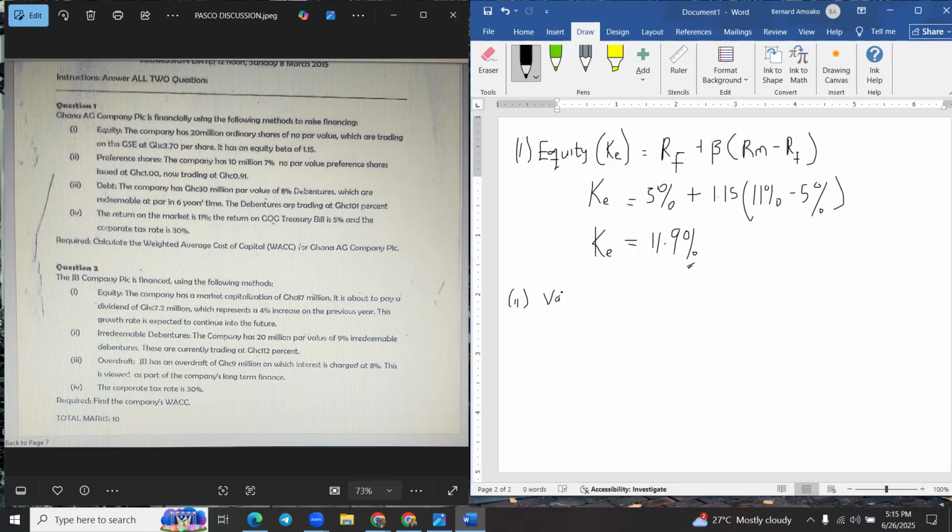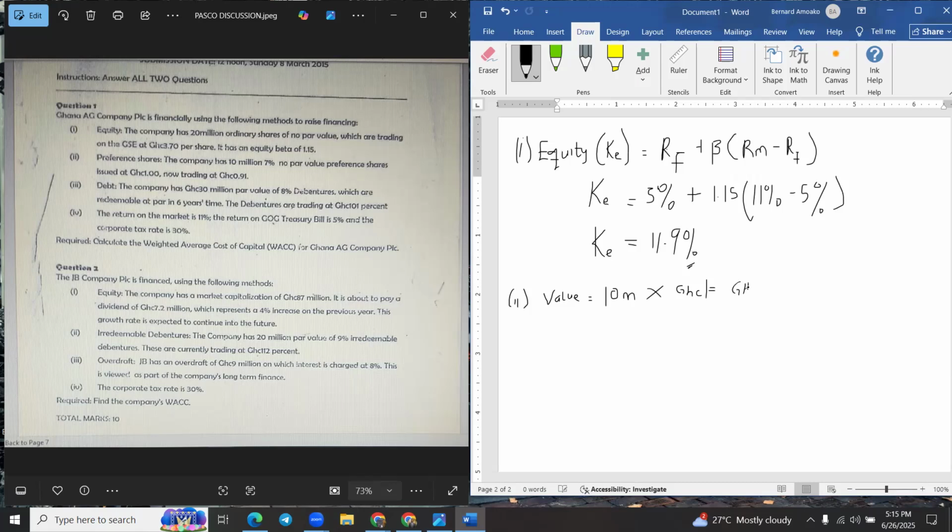The value is the number of shares, 10 million, multiplied by the amount per share, which is 1 cedi. That gives us 10 million cedis.